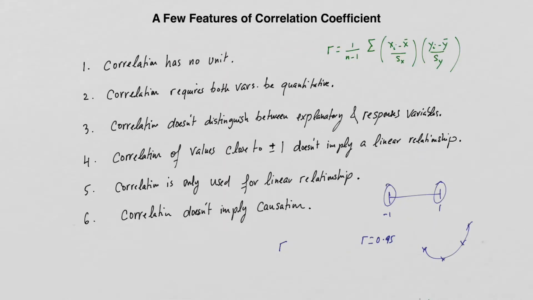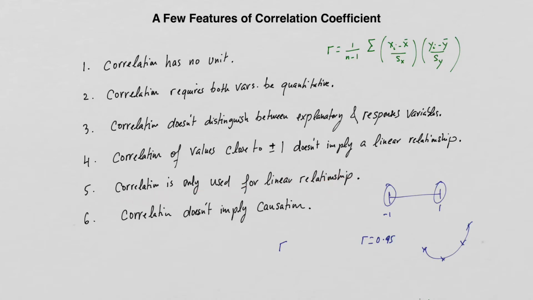So if you have a model that looks like this, you say, wow, I found a really nice model called quadratic, and it looks almost perfect. Therefore, R is, I'm going to say stop. Don't mention R when you deal with non-linear relationships. That's what I'm trying to say here.